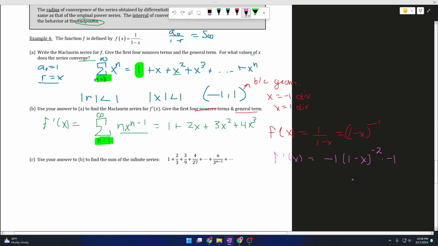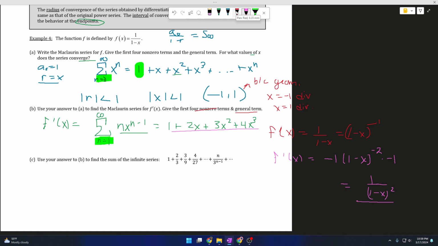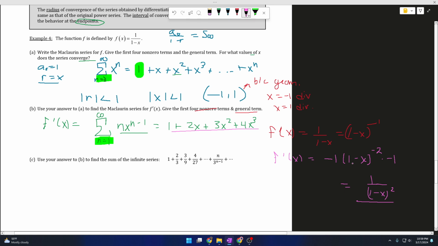Simplifying those, we will get 1 over 1 minus x quantity squared. That means that the series on the left is equal to the function on the right. So this is actually just equal to 1 over 1 minus x quantity squared.